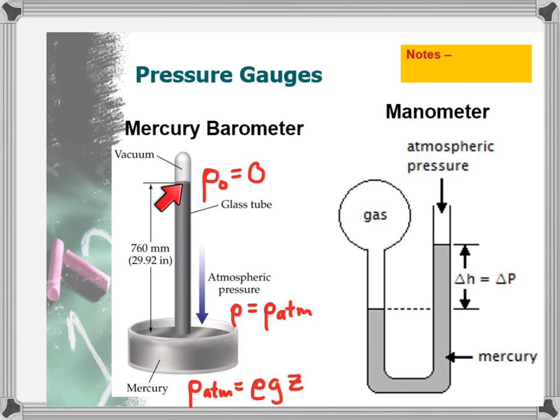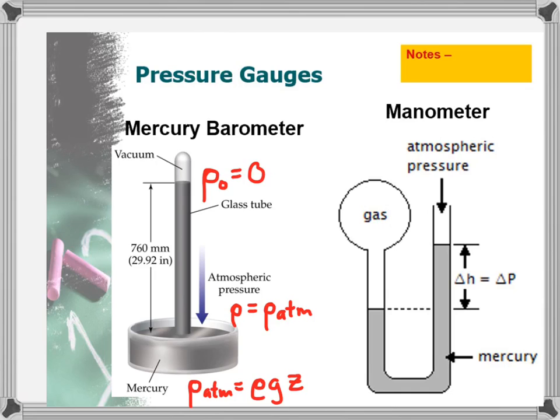And then by measuring this height, how high this column goes, and then using our formula P minus P0 equals rho G Z. Well, P minus P0 is just atmospheric pressure.